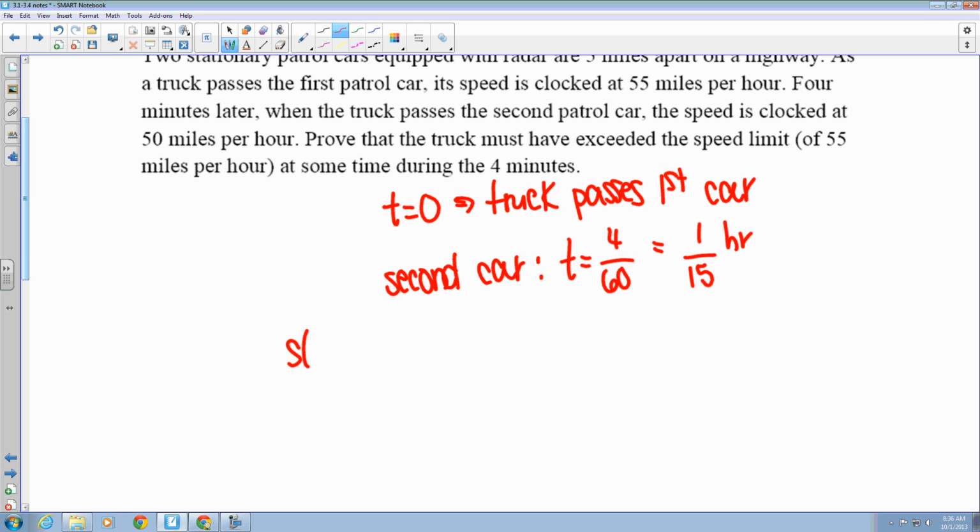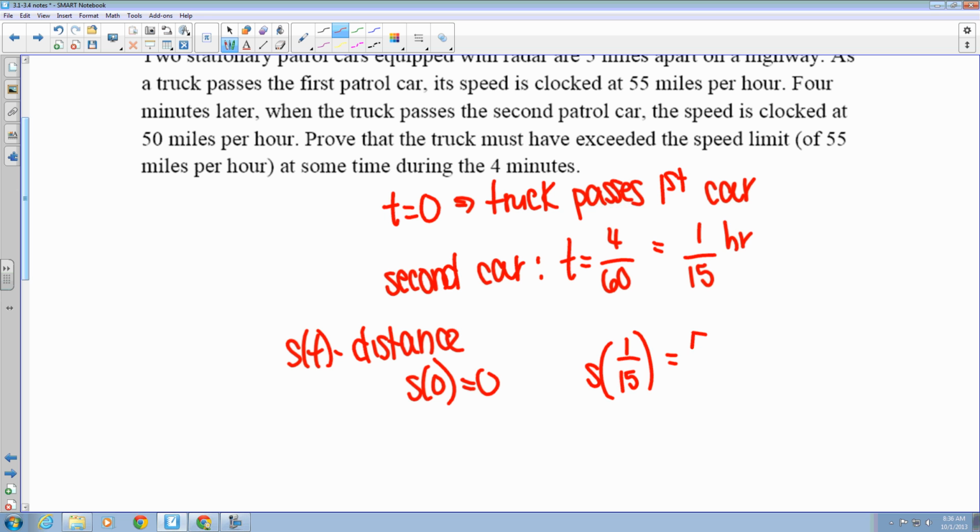And we're going to use s of t as our distance. That's always our position or distance formula. At time 0, our position is 0, and at 1/15 of an hour, when it crosses the second patrol car, we have gone 5 miles.